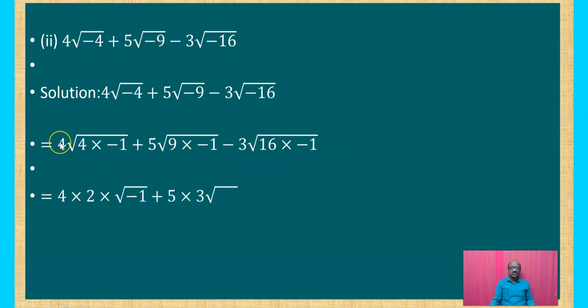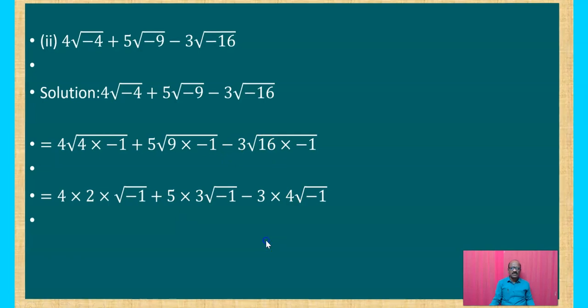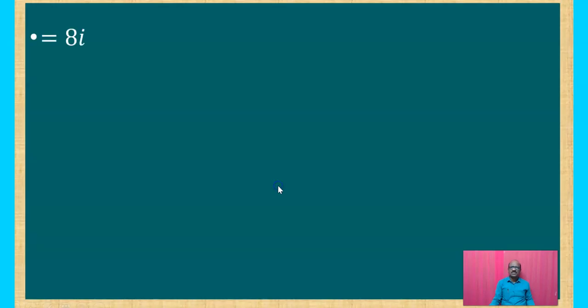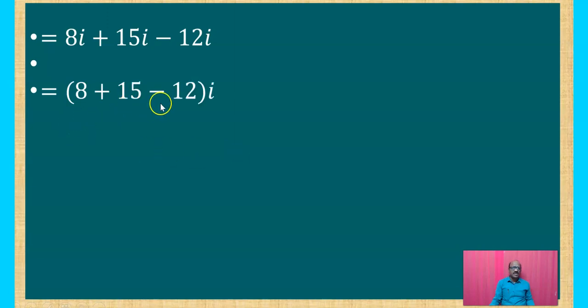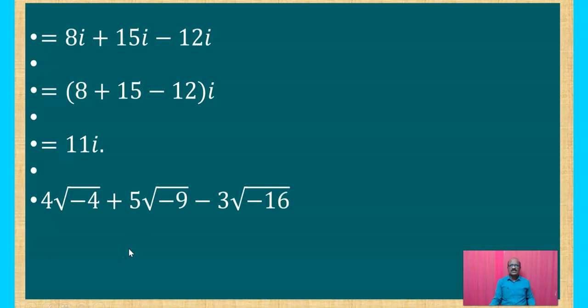Therefore the square root of this 4 is 2, and root of minus 1 as it is. Next the square root of 9 is 3, 5 into 3 is 15. Again the square root of 16 is 4, and next is the simplification: 8i plus 15i minus 12i. Overall you will get 8 plus 15 minus 12 i, and their simplification is 11i. Therefore we can write the answer in this manner.